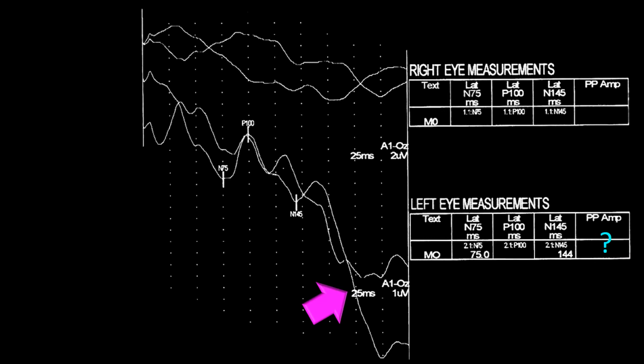The scale for time has to be the same for both. Now notice that the scale for amplitude is 2 microvolts per division in the upper tracing and 1 microvolt per division in the lower tracing, though the amplitude scale may be different in each tracing.